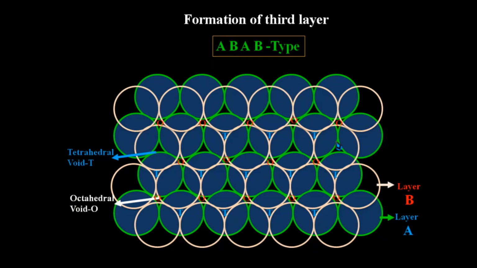So the A layer, or base layer, is similar to the third layer in arrangement. Following the same placing of layers, the fourth layer will be similar to the second layer in arrangement, and this structure is seen like this. This is our third layer.